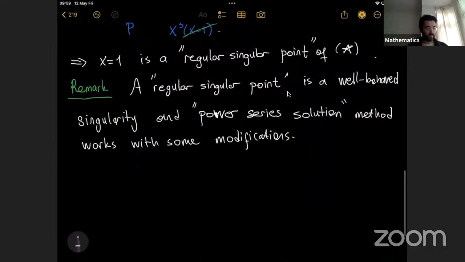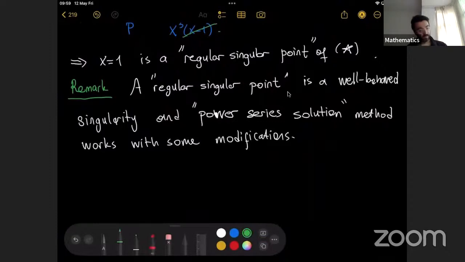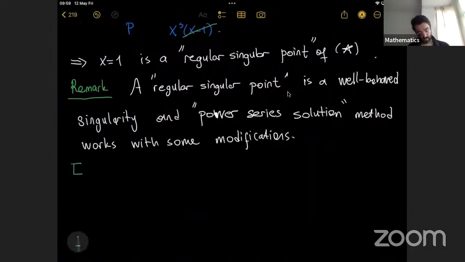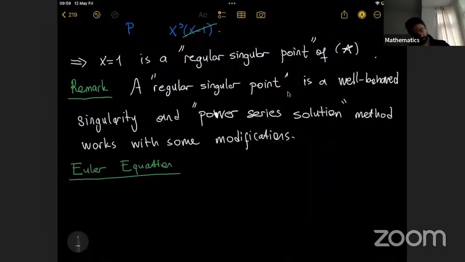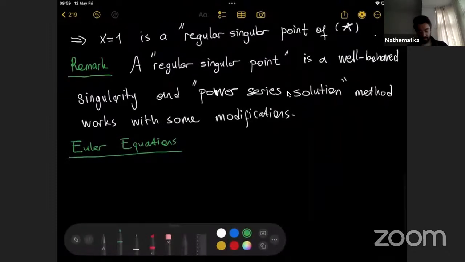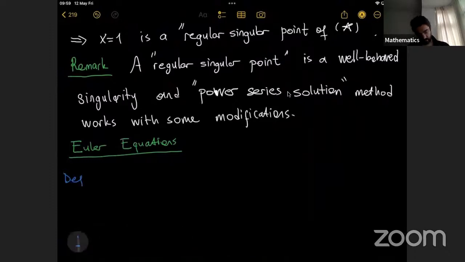So for this purpose, we will talk about first Euler equations. What's an Euler equation? Well, let's define this first. Definition.